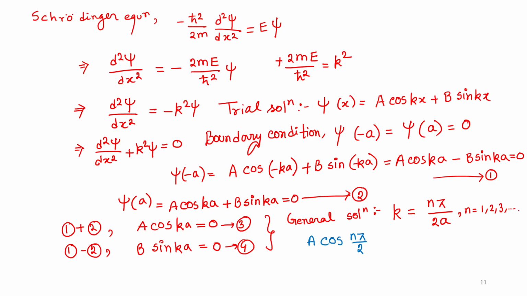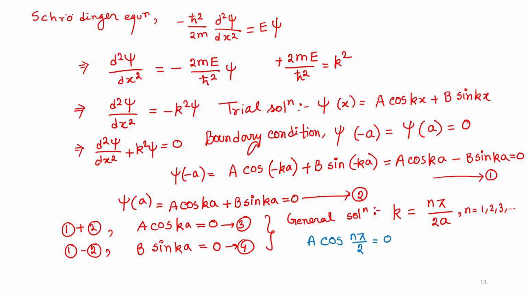It cannot be 0, right? As in the 1D box problem, if it had been 0, then the wave function would be 0 all along the box, which is a trivial solution, so we don't want that.